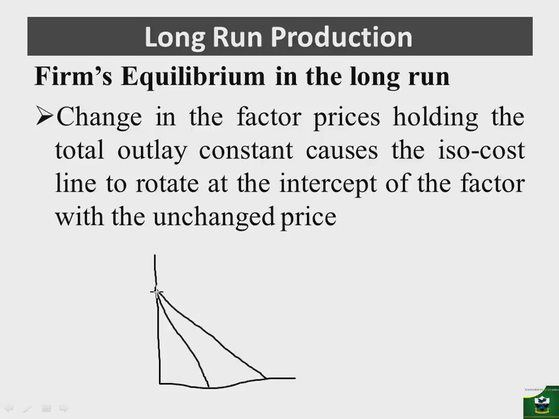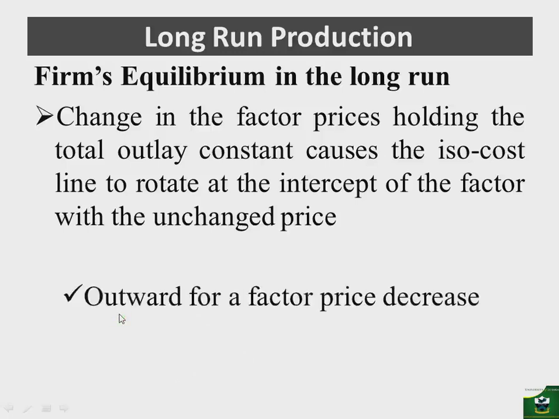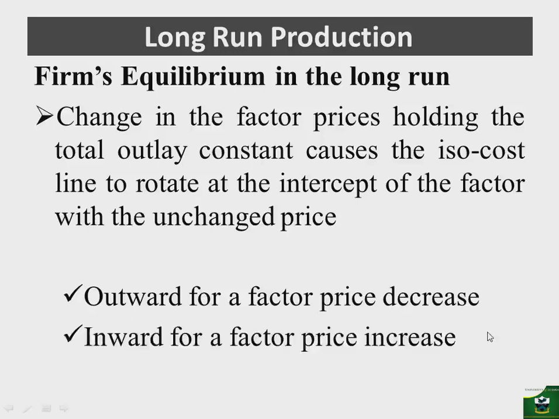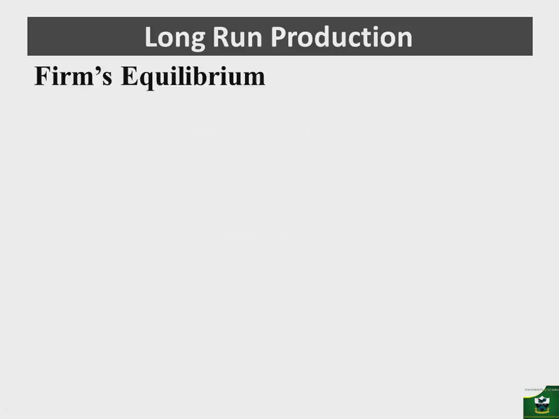So it will be rotating. This part will become the pivot. An outward tilt for a factor will mean that the price has reduced, so outward for a factor price will be a decrease, and inward if the factor price has increased.